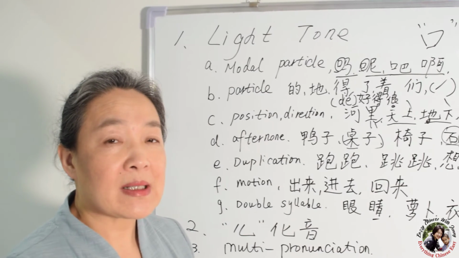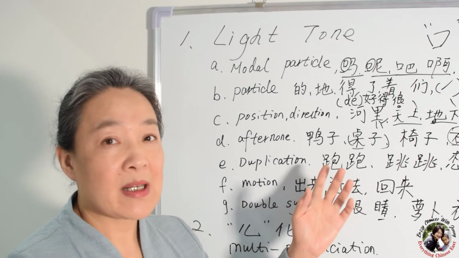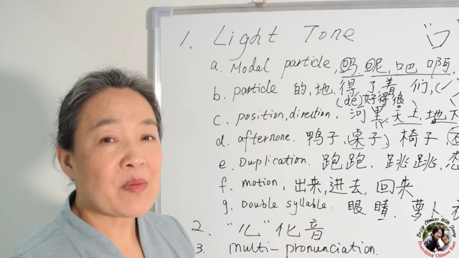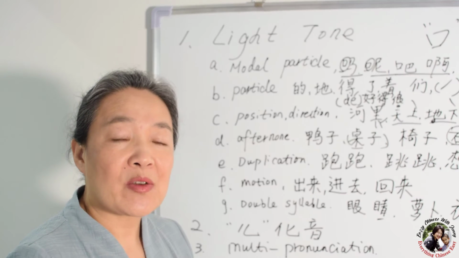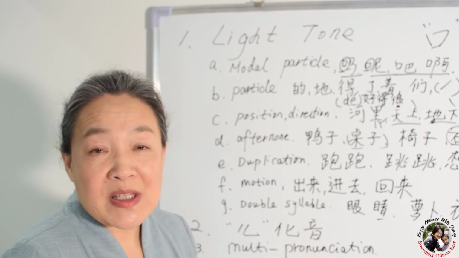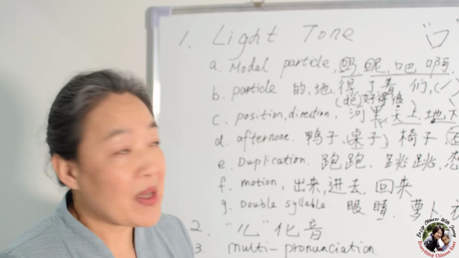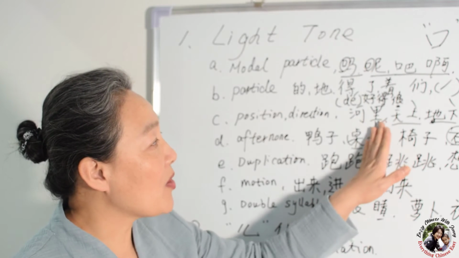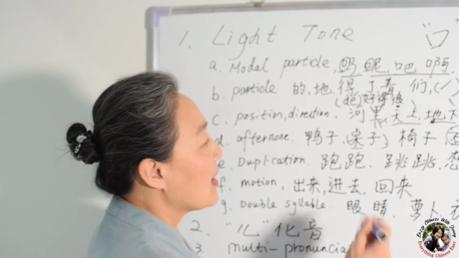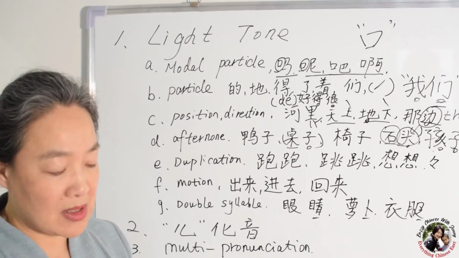So often they create a two-character word, but the second character is sometimes just a duplication of the first, or it has the same meaning. So when they put them together, it means the same thing. 桌 itself means table. In 桌子, the second one is a light touch tone, and together it also means table.